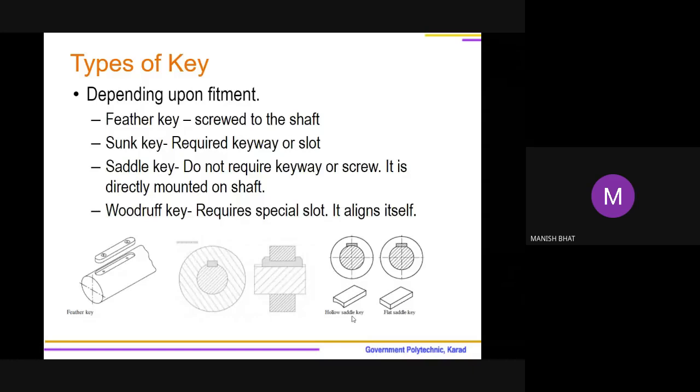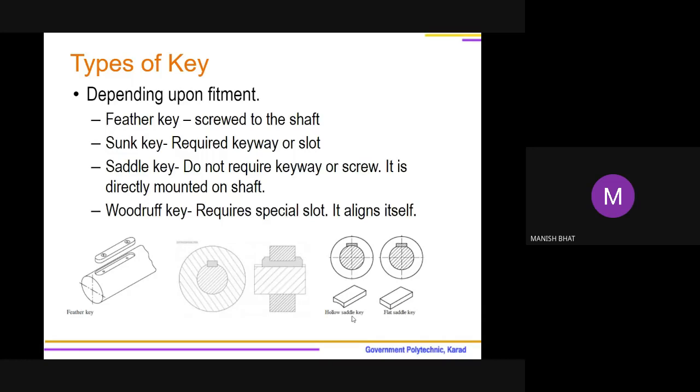Many a times you want firm fitment in between key and shaft, and that can be achieved by using this feather key. To mount a feather key, a slot is required on a shaft. So you need to cut a slot over the shaft so that the key will be fitted. Along with that, there should be holes inside that slot, so that by using screws it is possible to grab that particular key on a shaft.